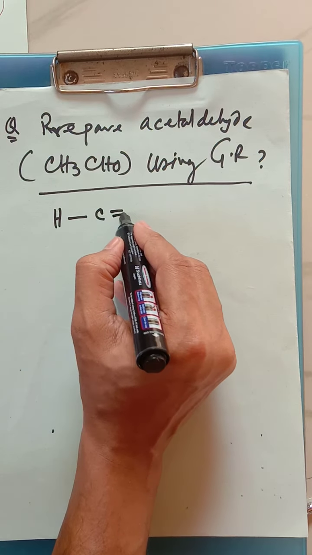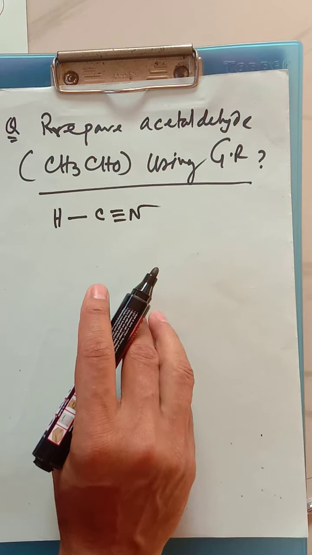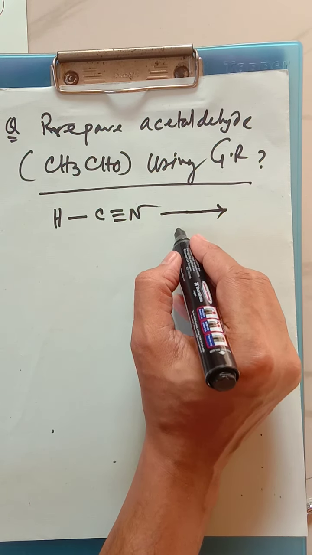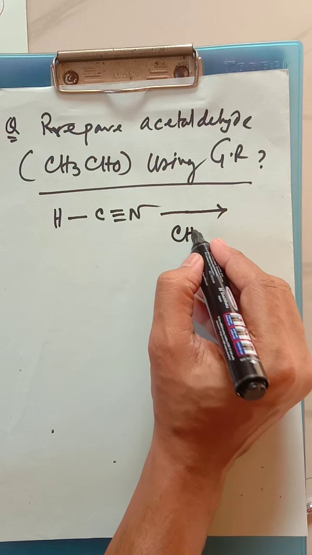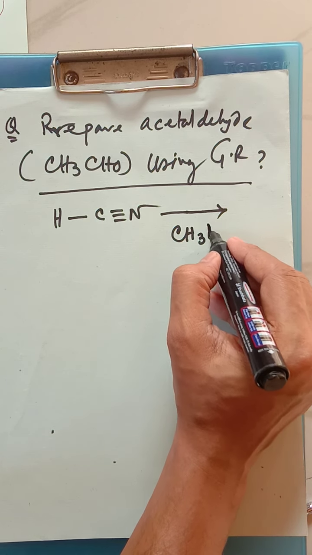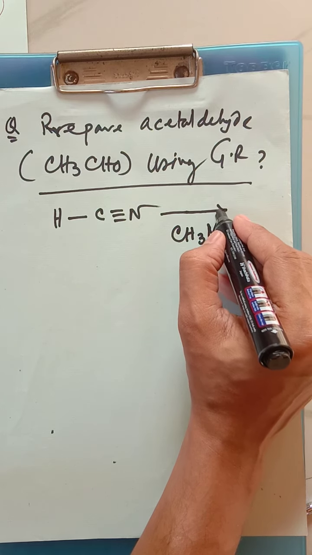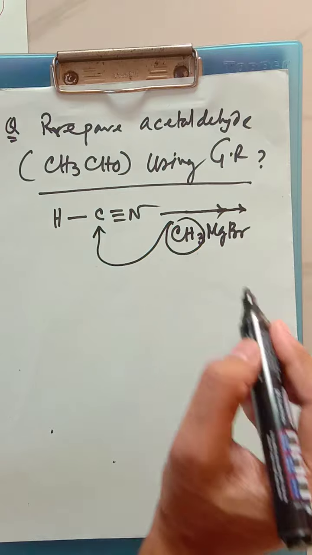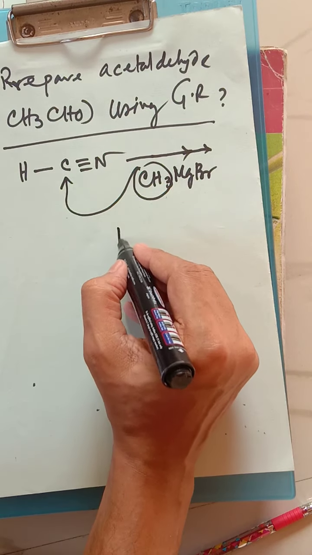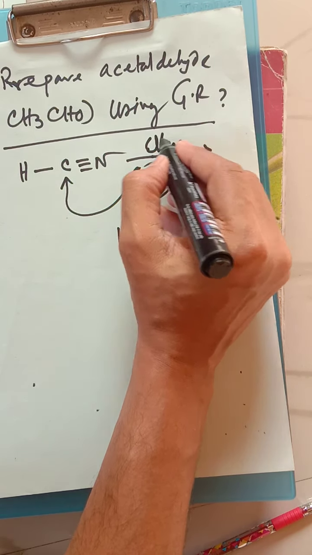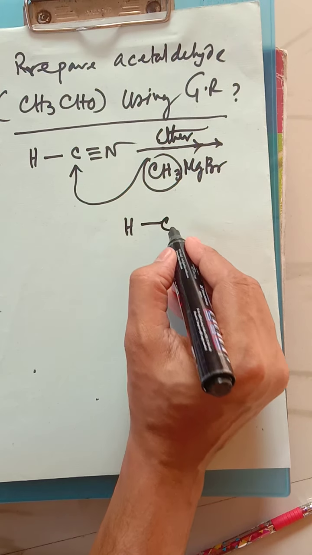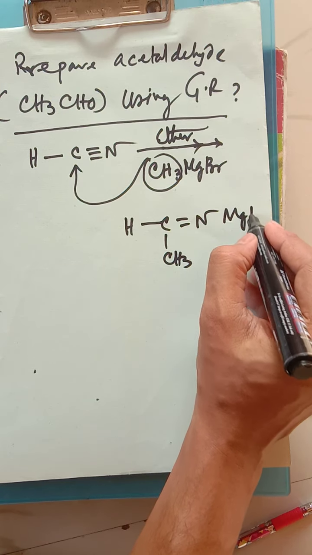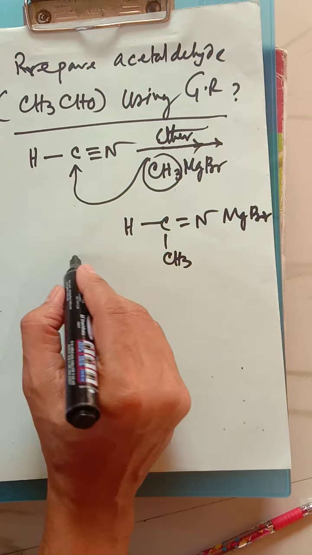See, if this compound is taken along with Grignard reagent, say CH3MgBr, it will attach over here. Ether has to be used as a solvent over here. So ultimately this is the addition product prepared.